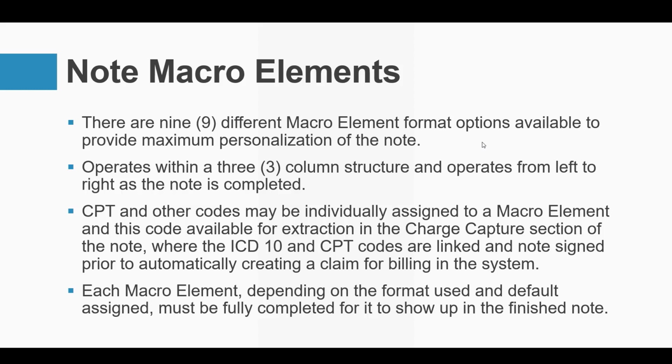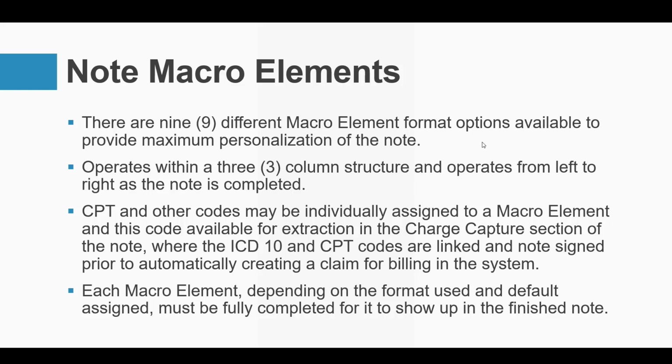And then finally, the third element that we're talking about here to help us navigate and understand the navigation and operation of the iPatient Care EHR note are what are called note macro elements. Now, there are 9 different macro element format options available to provide maximum personalization of the note.